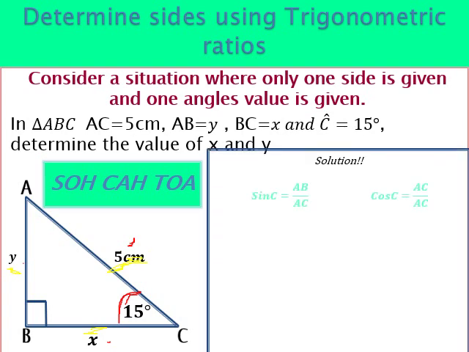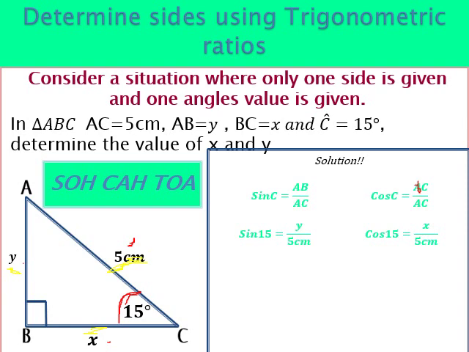But now let's see. Already we have that sine C is equal to AB over AC, and that cos C is equal to BC, not AC, BC over AC. By now we know that AB is equal to y, and that AC is equal to 5 centimeters.